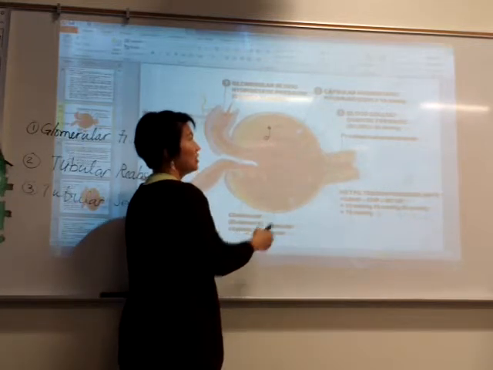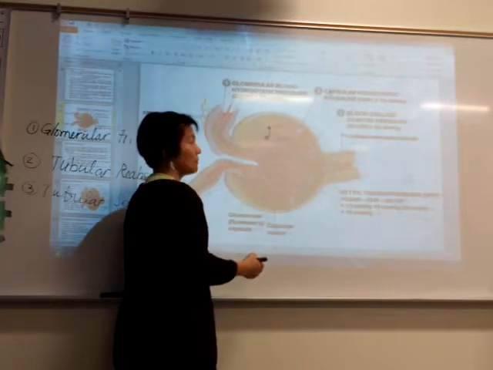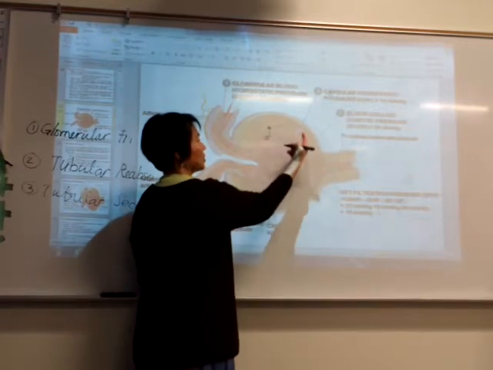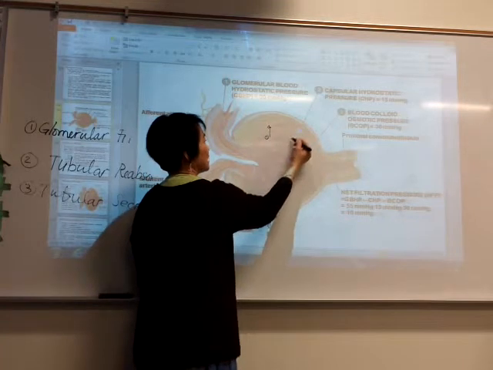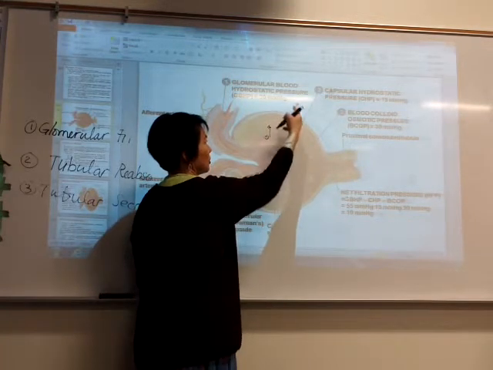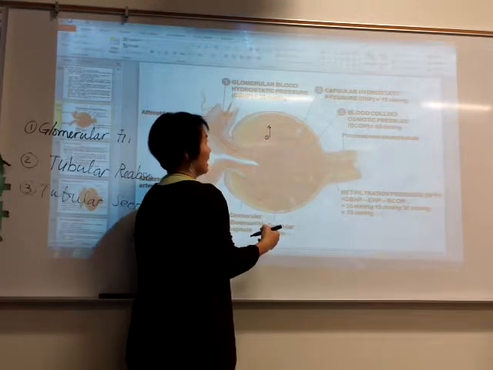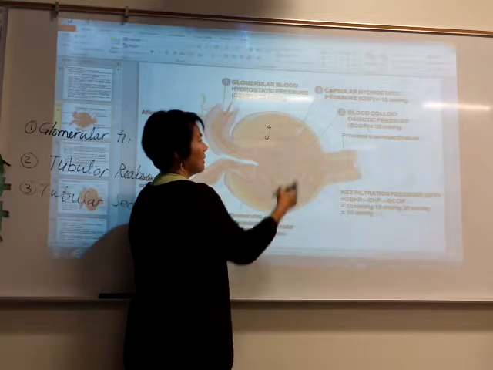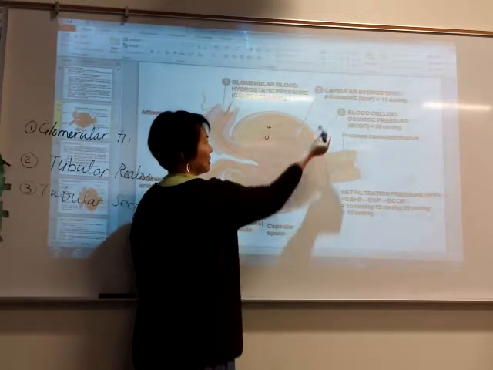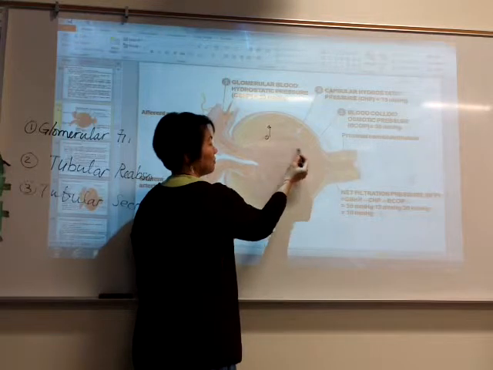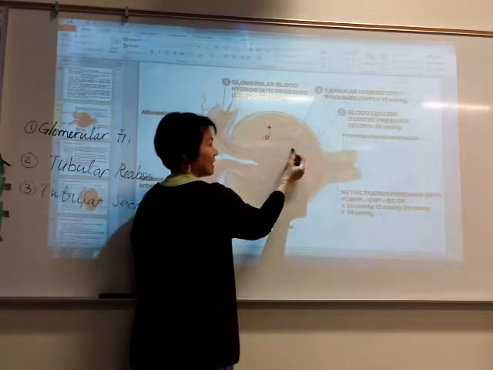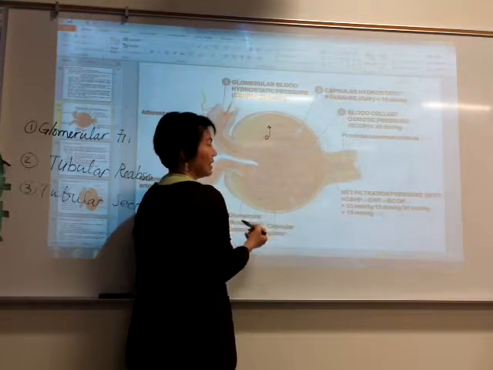When you say capsular hydrostatic pressure, that must be the pressure from the capsule pushing it back in. That's your number 2. And then what's your blood colloid osmotic pressure? Isn't that the albumin right here that's sucking it back in? See the arrow pointing back in?